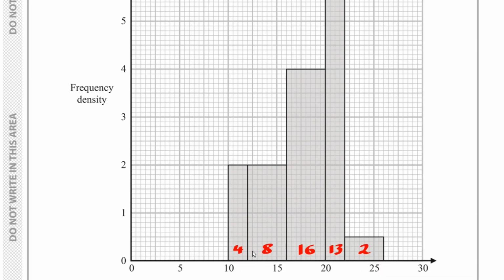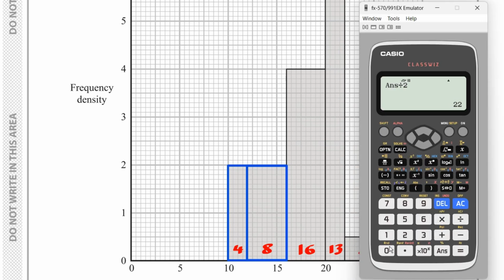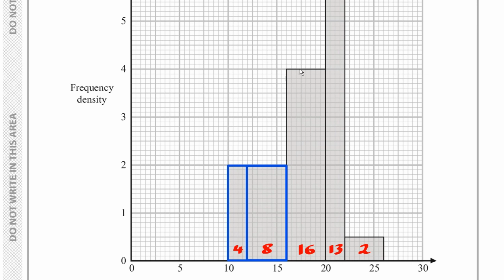So the way to think about this is I've got the 4 plus the 8, which give 12. And then I want to go from 12 to 22. So if I do 22 take away 12, I get 10. So I somehow need to get a box of 10. I've got my height being 4.